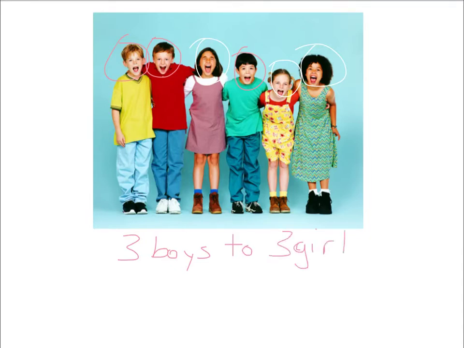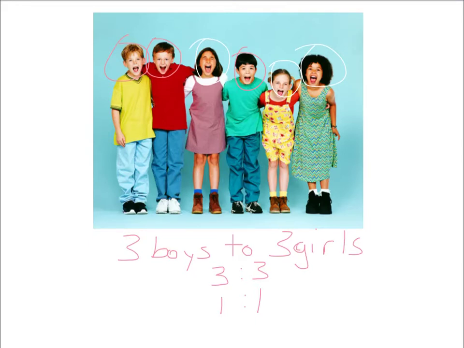Now, much like fractions, we can reduce this into lowest terms, so to speak. And so if we have a ratio of something that's 3 to 3, it is the same thing as 1 to 1. So our actual ratio in this case is 1 to 1 with regards to boys and girls.